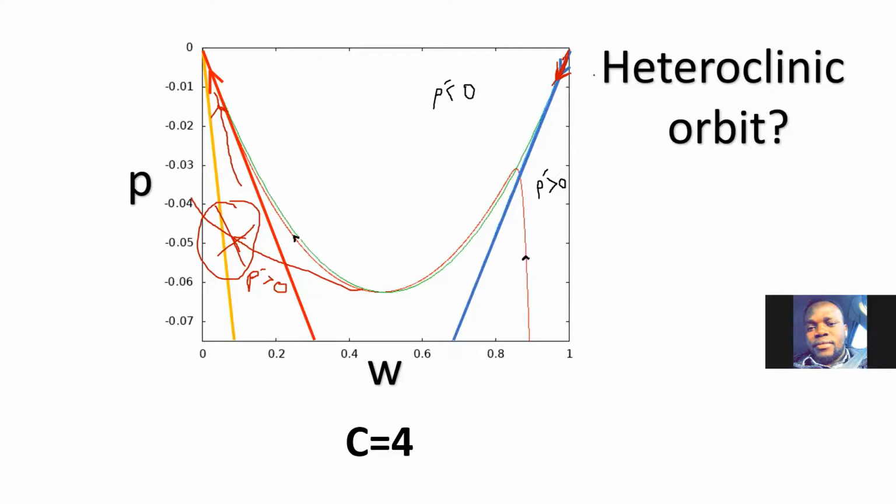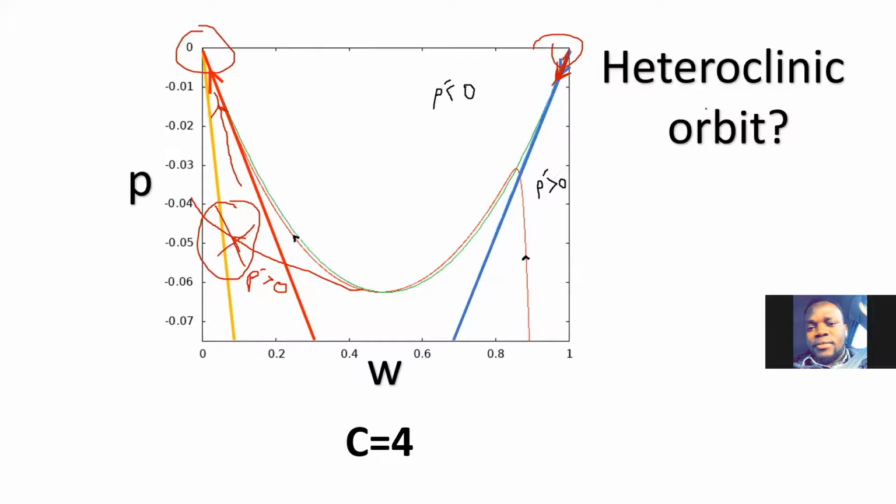Hetero is for different. It's a Greek heritage. So it's heteroclinic because there are two different stationary points, and we are going to prove that some trajectory connects these two different stationary points, 1, 0 here and 0, 0 here. My two stationary points.